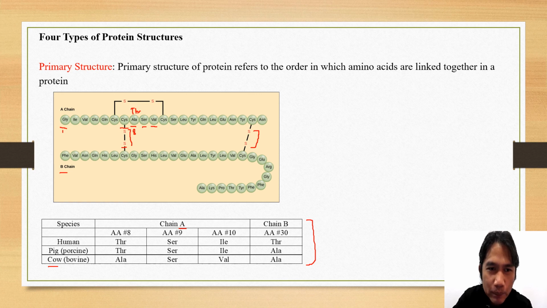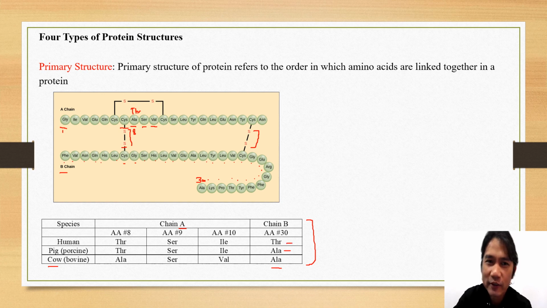This would be your amino acid number 1, 2, 3, 4, 5, 6, 7, 8, 9, 10, 11, 12, up to 30. The 30th amino acid in cow is alanine, same in pig, and it's replaced by threonine in human.